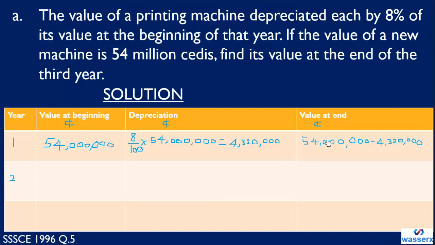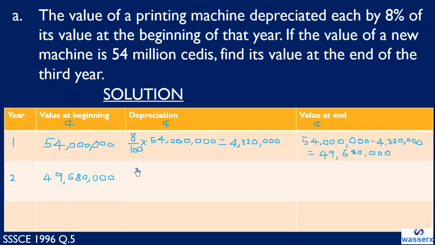4,320,000. So for the second year, this becomes the result over here, which is 49,680,000. This becomes the initial value for the beginning of the second year.